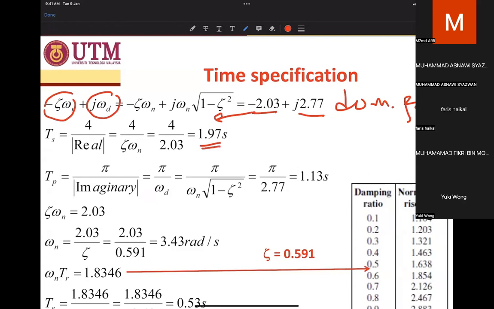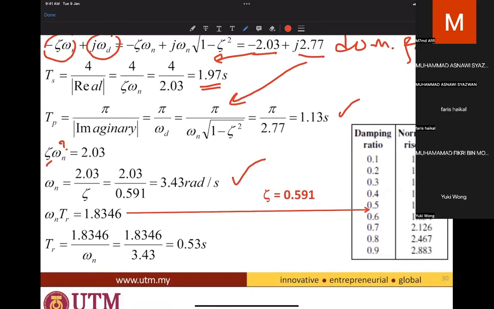And the imaginary part goes to the peak time, pi divided by imaginary, pi divided by 2.77, 1.13 seconds. And zeta omega n is equal to 2.03. We know zeta, but we don't know omega n. So omega n is 2.03 divided by 0.591, 3.43 radian per second.